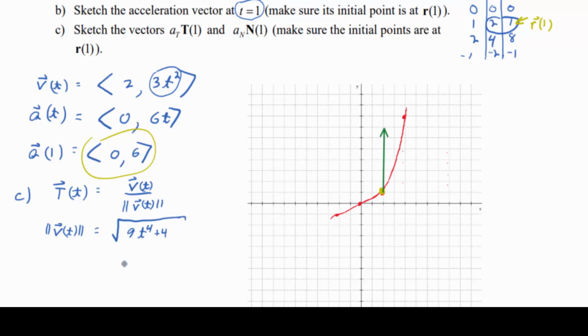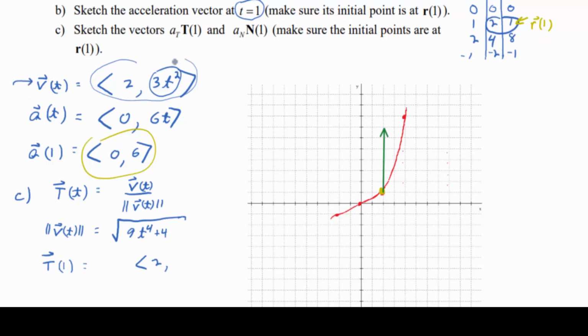And then, let's just do it all at once here. T of 1 equals what? So what is this guy when you plug in 1? It's the vector. When you plug in 1, what is this guy? Don't just answer.